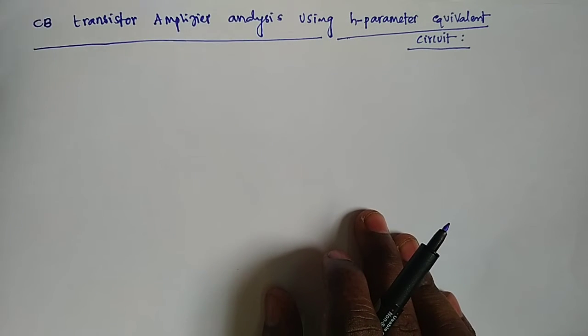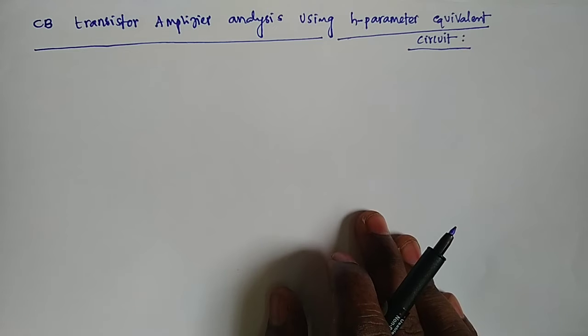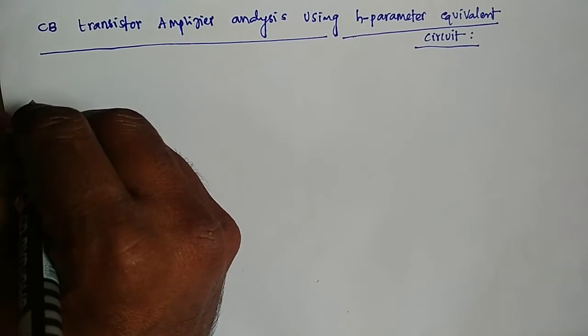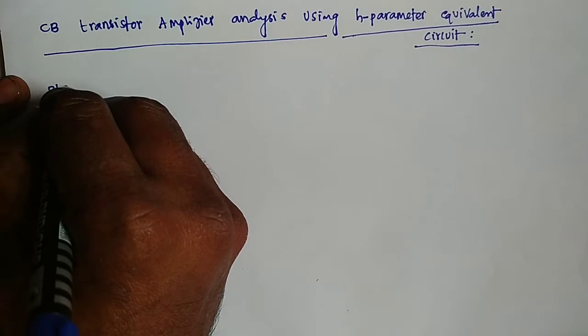Now we are going to start the concept of CB transistor amplifier analysis using H parameter equivalent circuit. First of all you have to design the basic block diagram.